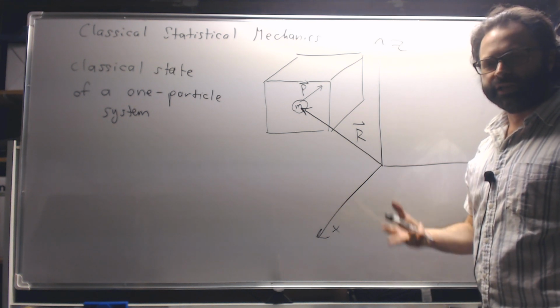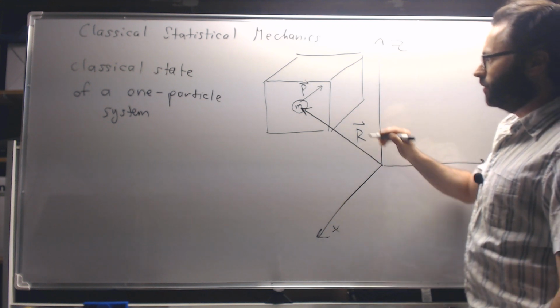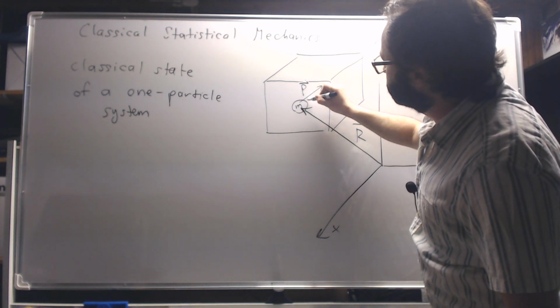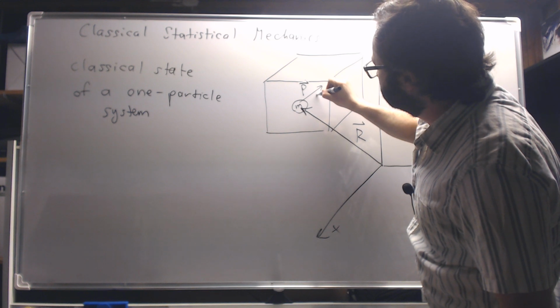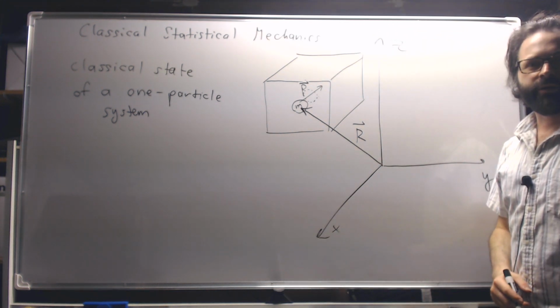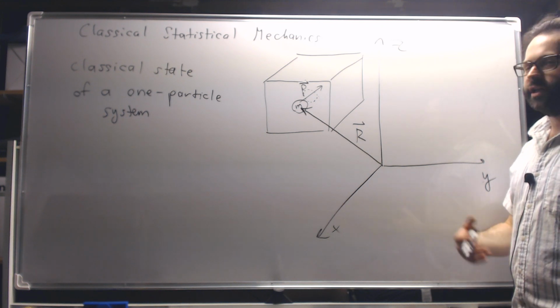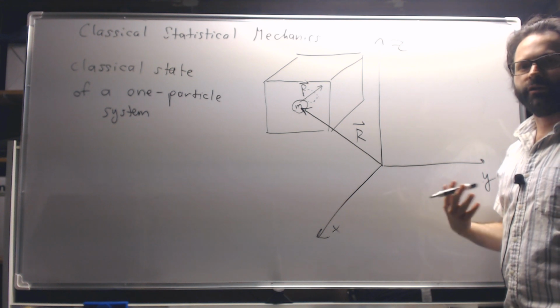And that's the instantaneous classical state of the one-particle system. Now, in the next instance in time, this particle will move in the direction of its momentum vector, particularly if it doesn't collide into anything along the way. And so in the next instance in time, the classical state of the particle will change.